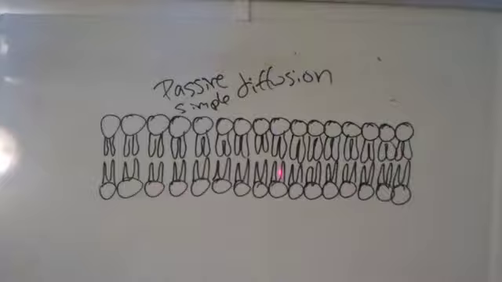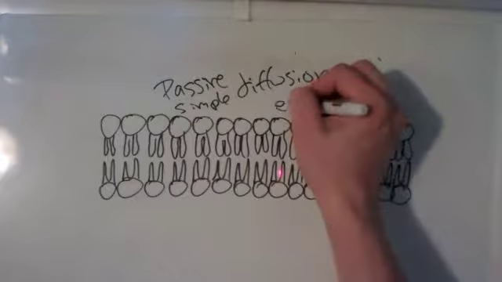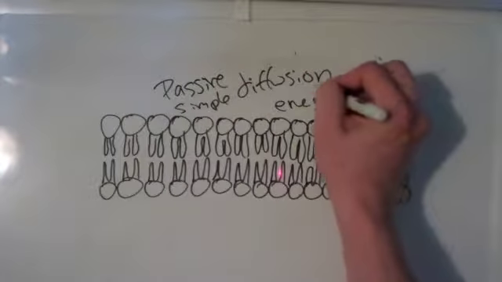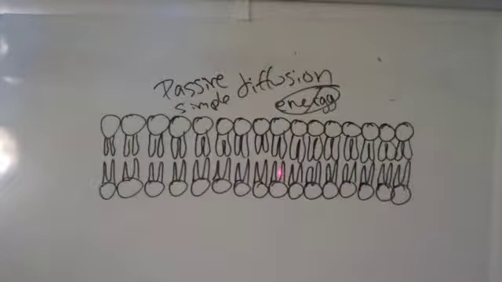Now there's a couple different ways that this can happen. We'll talk about passive first because this requires no energy, no energy in the form of ATP. Later we'll talk about active diffusion, where you're pulling something across its gradient, going upstream, if you will. But what we're going to talk about first is this passive diffusion.